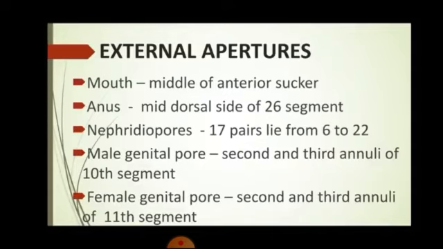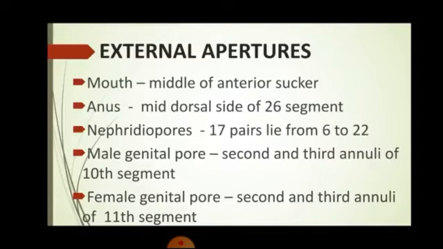Female genital pore. This female genital pore lies mid-ventrally between the second and third annuli of the 11th segment. Male genital pore. It is a mid-ventral opening situated between the second and third annuli of the 10th segment.